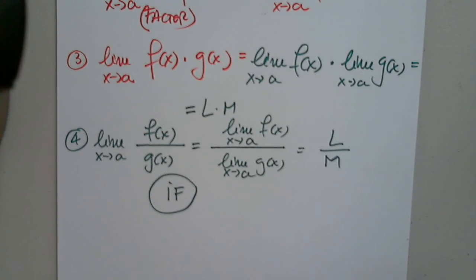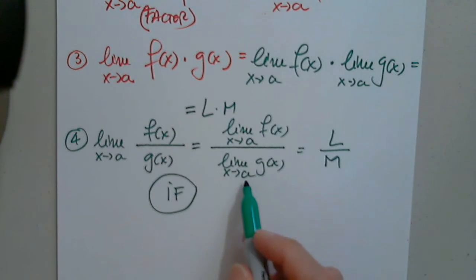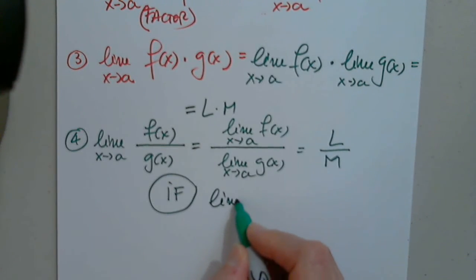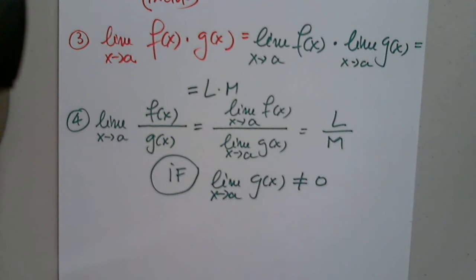What is the if? If the limit of g of x as x approaches a does not equal 0. Of course. Absolutely. Any questions so far?